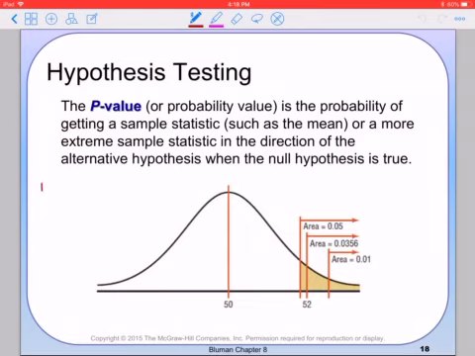So in other words, the p-value is really like the probability of getting a type 1 error when we reject the null hypothesis but it's true. And that's exactly what we were saying alpha equaled.